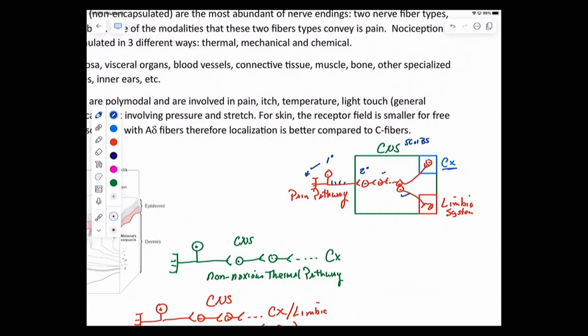What is interesting is that there are some pathologies, usually because of a stroke or something like that, where the stroke, if it's occurring in a certain area of the brain itself, may interrupt that pathway from pain to the limbic system. And this is rare, but if those individuals then experience pain, what they'll report is they'll say, yes, it hurts.